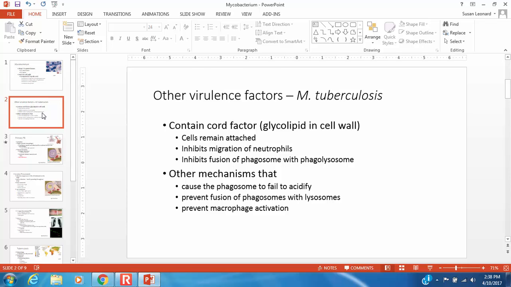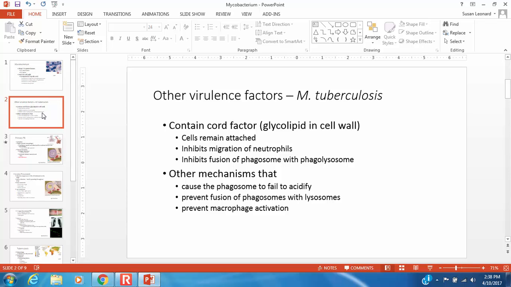We know that the cord factor is the reason that the cells tend to arrange the way they do. They tend to kind of stick together, and these are rod-shaped, bacilli organisms. They kind of stick together and form this cording pattern. We know that it's extremely necessary to inhibit the fusion of those lysosomes with the phagosomes when the organism is phagocytized by a macrophage.